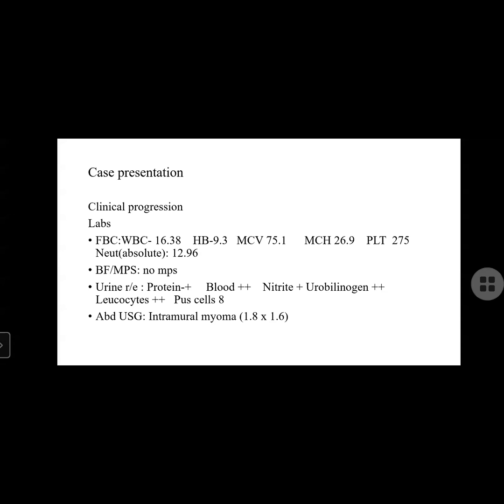So someone can pass pus cells of 10, leukocytes negative, nitrites negative, has no clinical features, just because the person woke up and decided to pass through the lab for them to do a lab test, and the pus cells are 10, they'll put you on antibiotics. That is wrong.